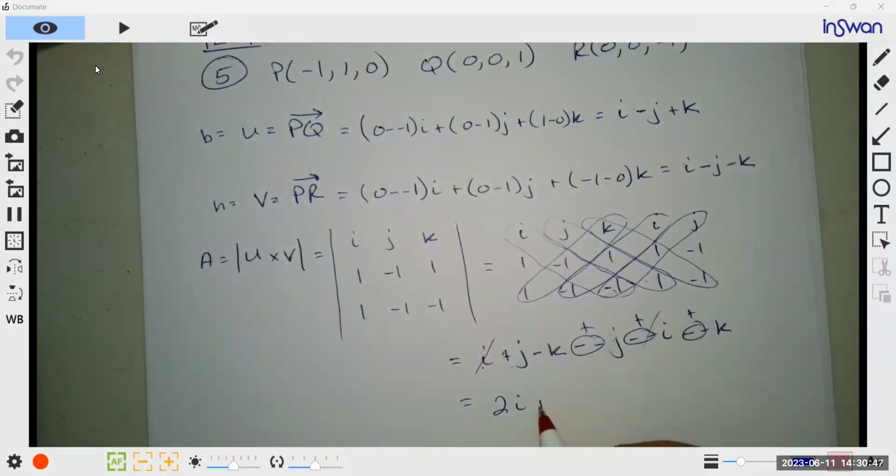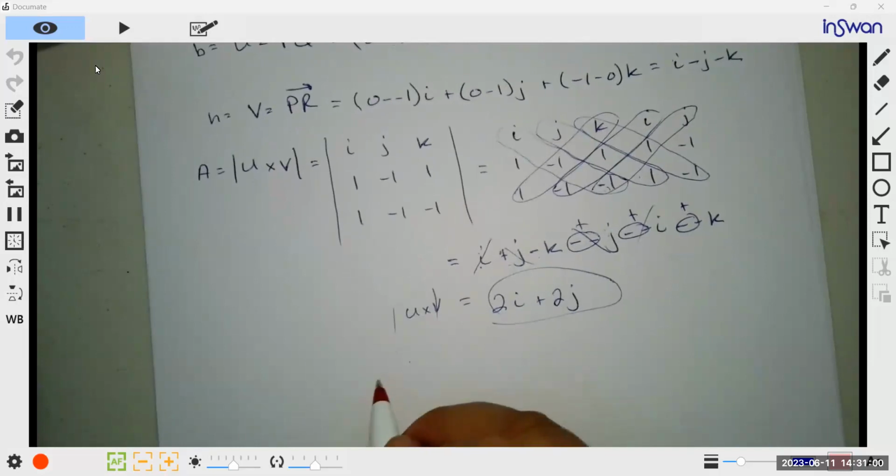J plus J is 2J. Negative K and K cancel. So this is my U cross V. Now I've got to find the magnitude of it.